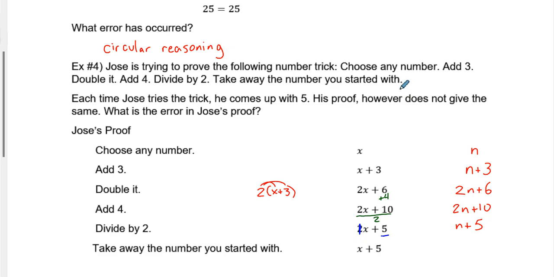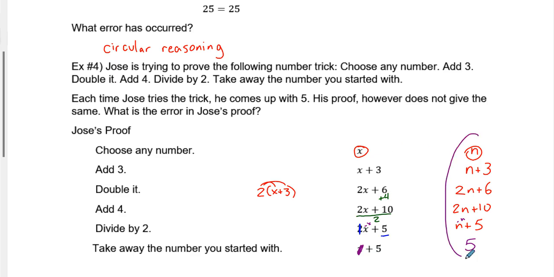And the last step for the proof, take away the number you started with. Well, the number we started with was an x or an n. So if you take away x from here, you're left with 5. You take away n, you're left with 5.